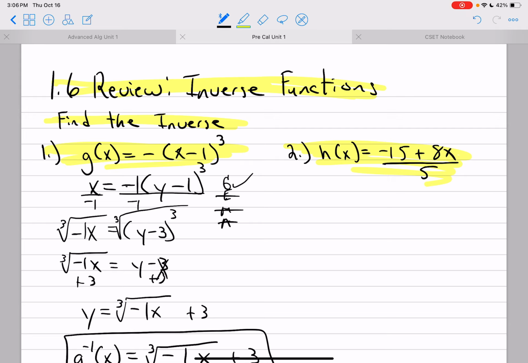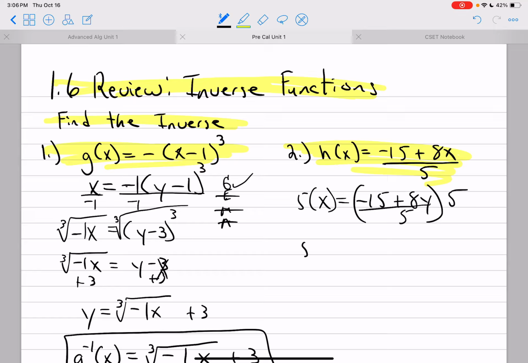All right. So I know h of x. Let me go ahead and find the inverse of h of x. First, I'm going to get rid of dividing by 5. No, just kidding. I need to flip x and y. So we have x equals negative 15 plus 8y over 5. So now I'm going to multiply by 5.